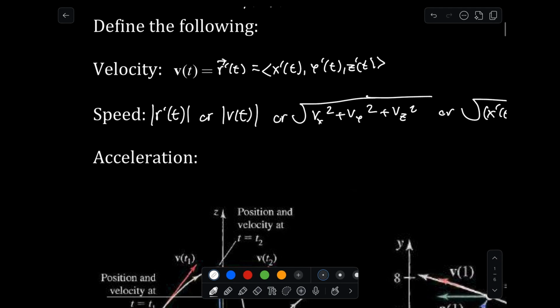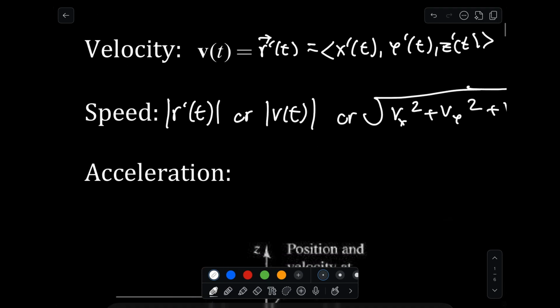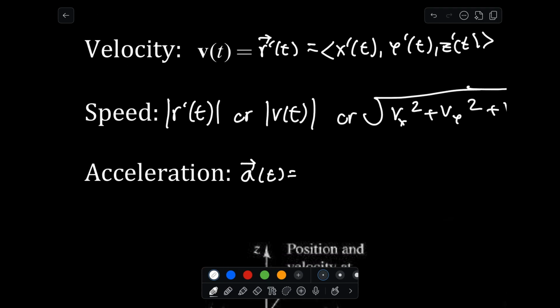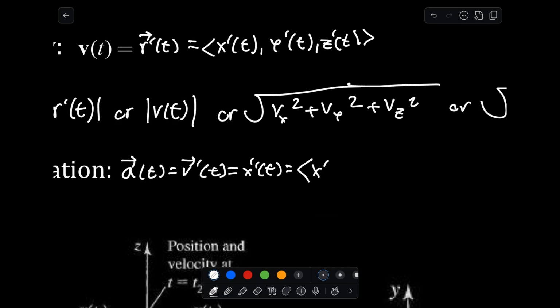There's a lot of different ways to write it. And acceleration, we know, is just the second derivative of position, or the first derivative of your velocity function. And then we can rewrite it like that. And you can also just do this when you're writing it in vector notation.